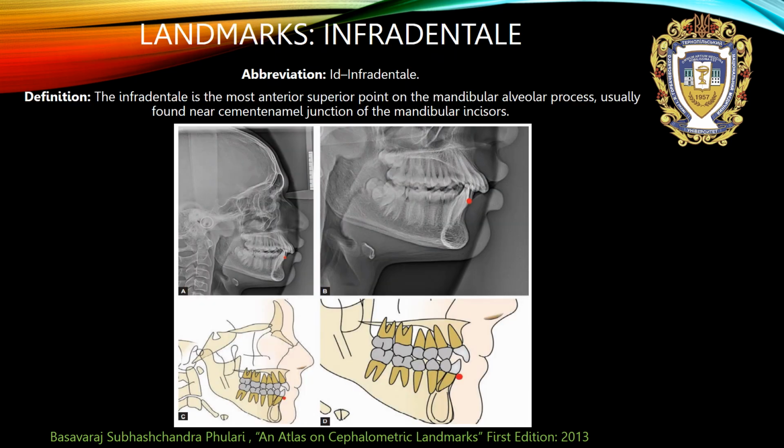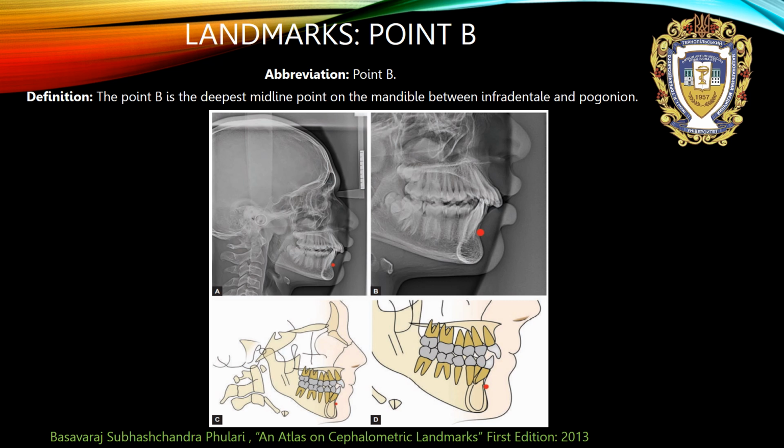Infradentale point is the most anterior superior point of the mandibular alveolar process, usually found near the cement-enamel junction of the mandibular incisors. Point B is the deepest midline point of the mandible between infradentale and pogonion.